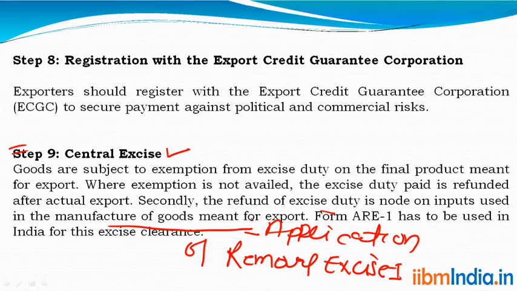That is called central excise. As we know, there is no central excise duty on goods meant for export. If you haven't taken the exemption, once your product is exported to the respective country, you can still get the refund of those central excise duties.